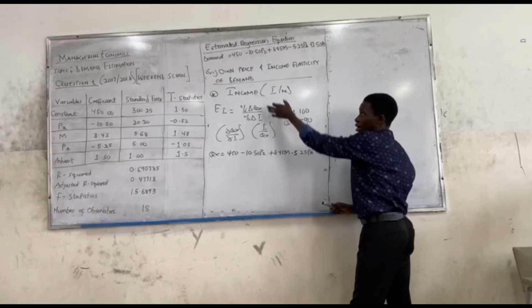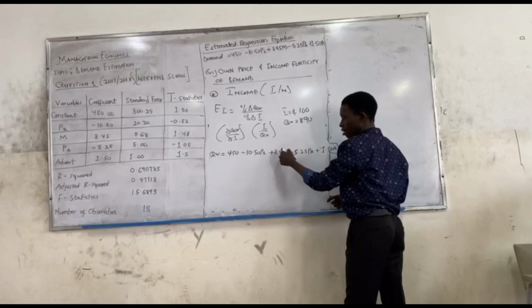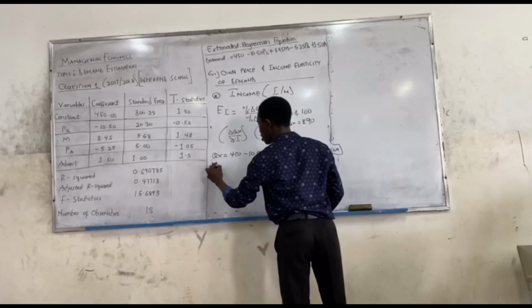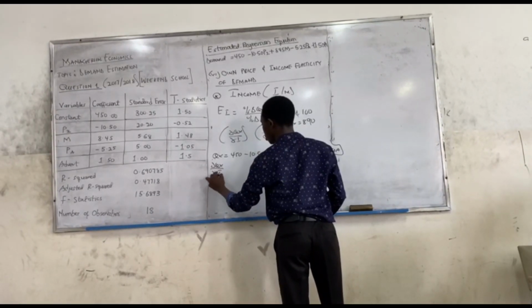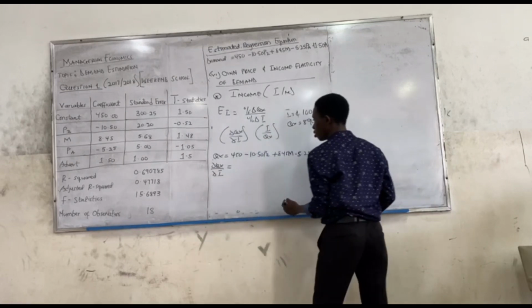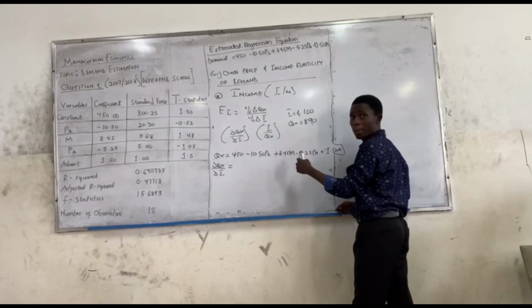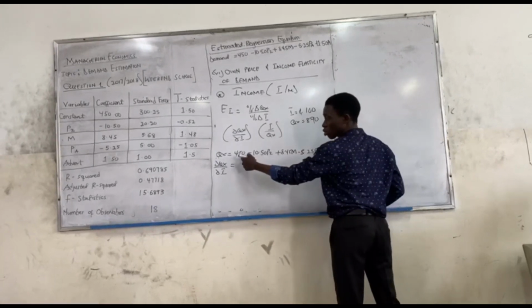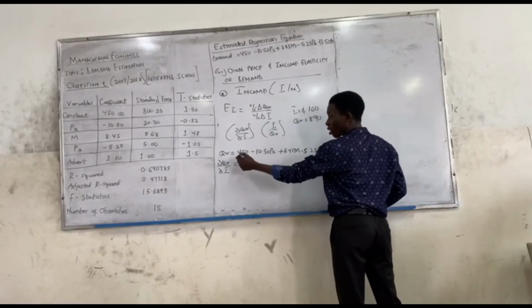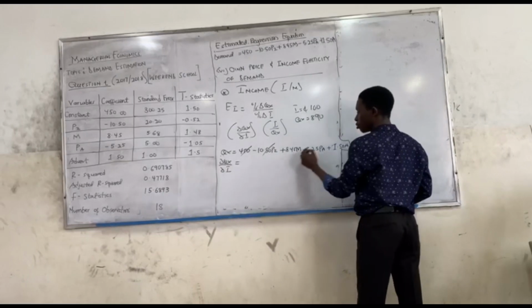Income is either an I or a capital N. So differentiate QS with respect to income. Anything you see here apart from N or a capital I is 0. There is no income term there, there is no I or N, so it's 0, 0, 0.